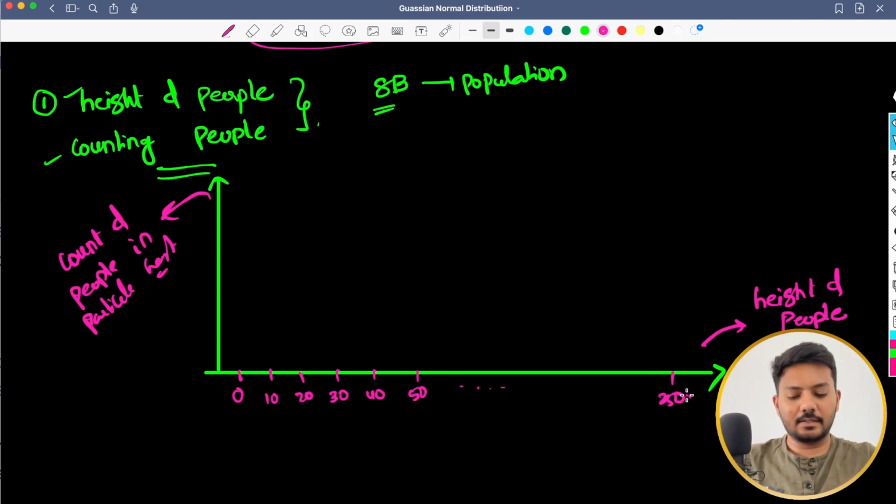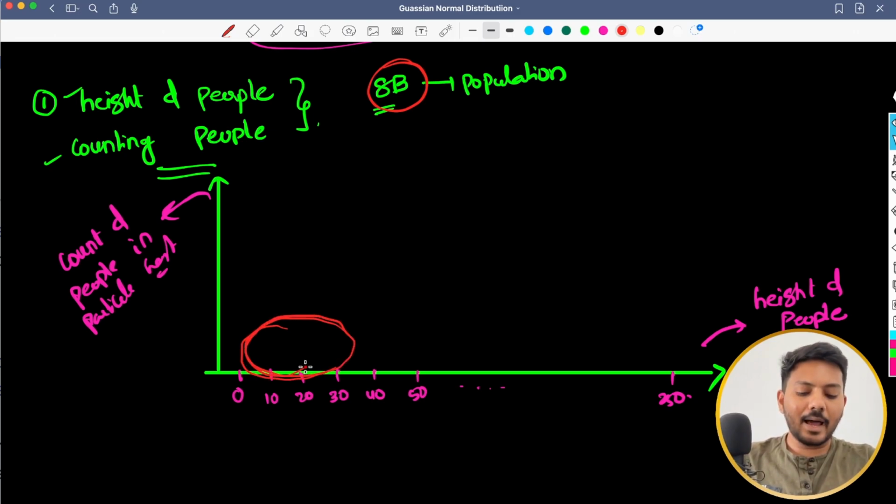Let's assume like that. Okay, so when you look at in a generalized way of all the people in the population of the entire world, there are very less number of people who are falling in this region, right? There might not be very large number of people who are under the height of 10, 20 and 30 and 40. We can treat it as centimeters or inches, it could be anything.